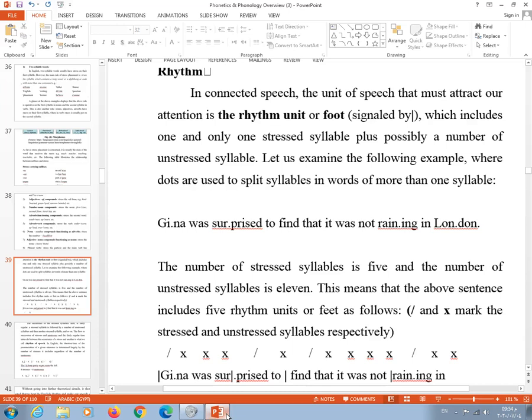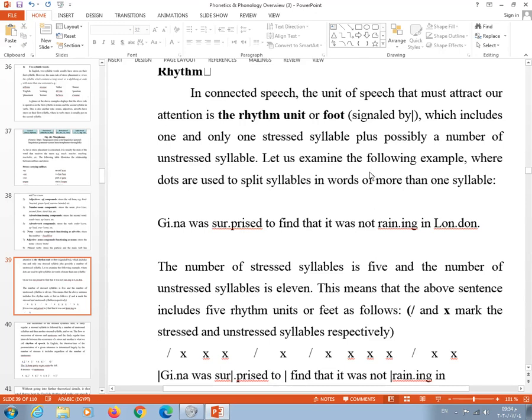And we have rhythm units or feet, signaled by a small vertical line, and each rhythm unit must include one and only one stressed syllable plus possibly a number of unstressed syllables.